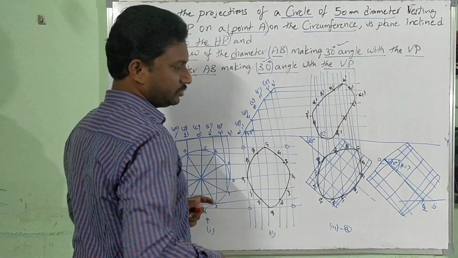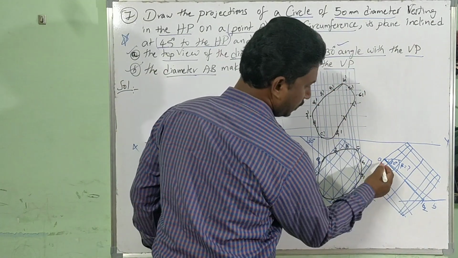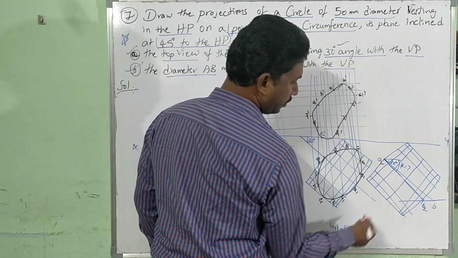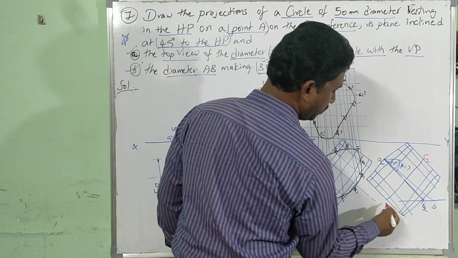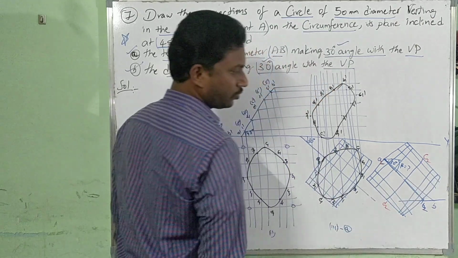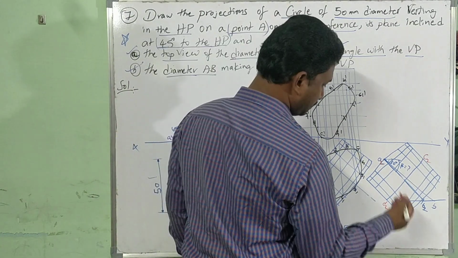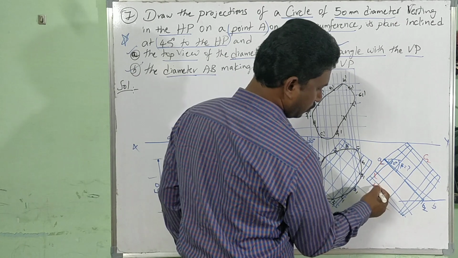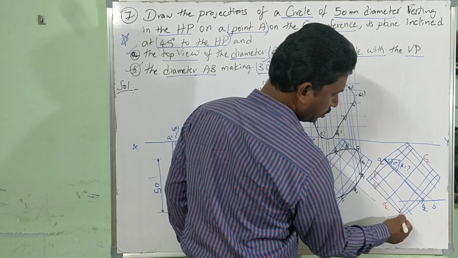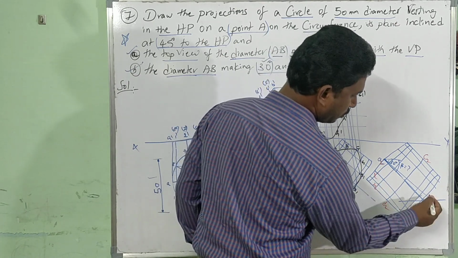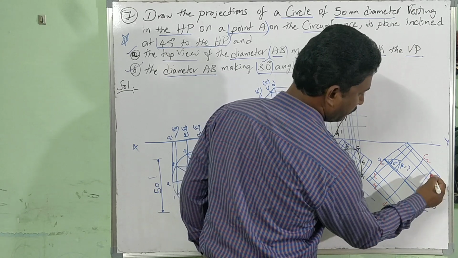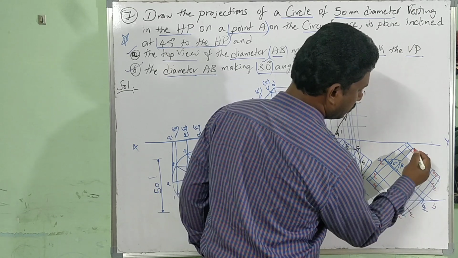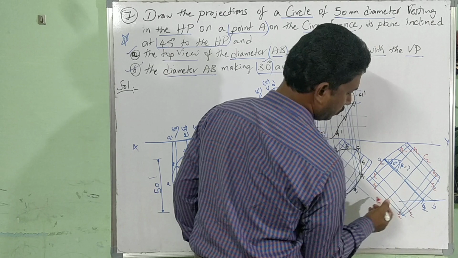Now for this I can use some more. A2, B2 you have drawn already. I can write here C2, D2. Now try to pick the points, same: 1, 2, 2, 2, 3, 2, 4, 2, 5, 2, 6, 2, 7, 2, 8, 2.